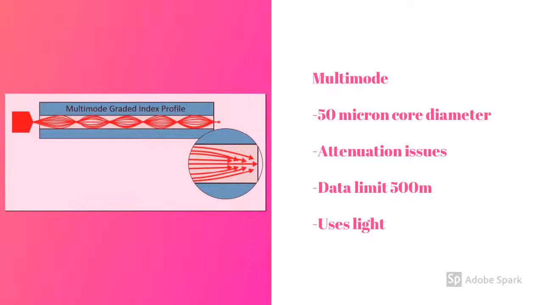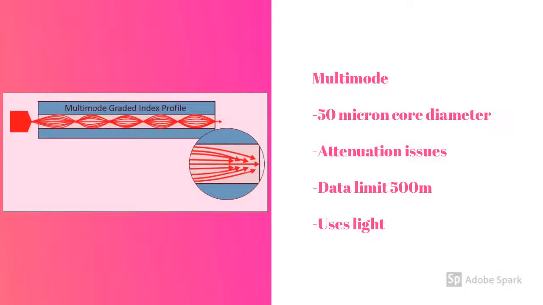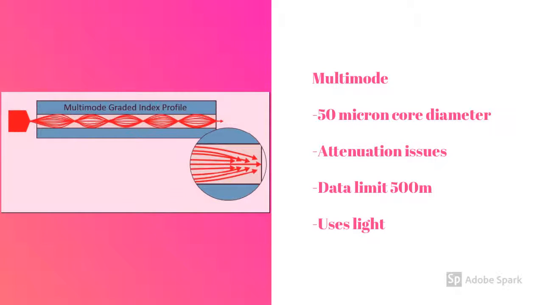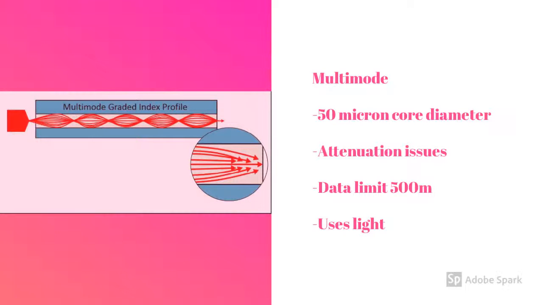Multi-mode cables are plagued by excessive signal weakening, called attenuation, and by dispersion. Dispersion is the spreading of the signal, so that different parts of that signal will arrive at different times to the destination. It is for these reasons that multi-mode fiber is limited to about 500 meters.